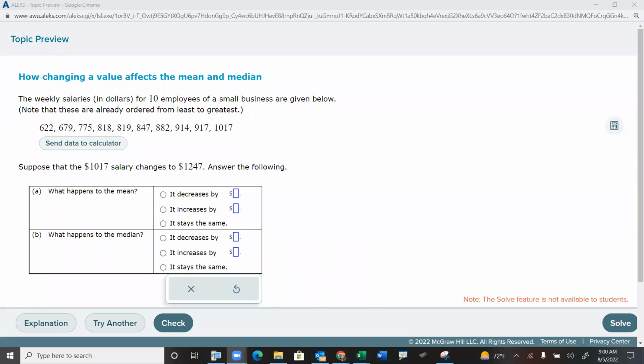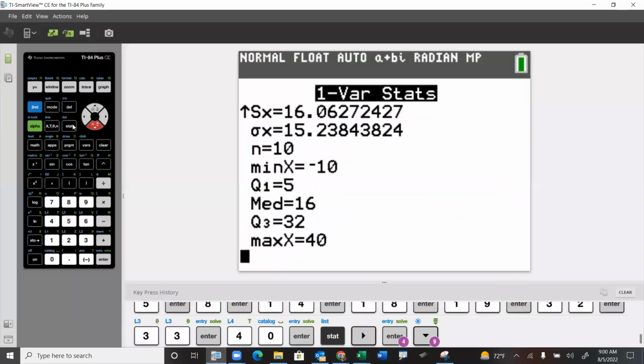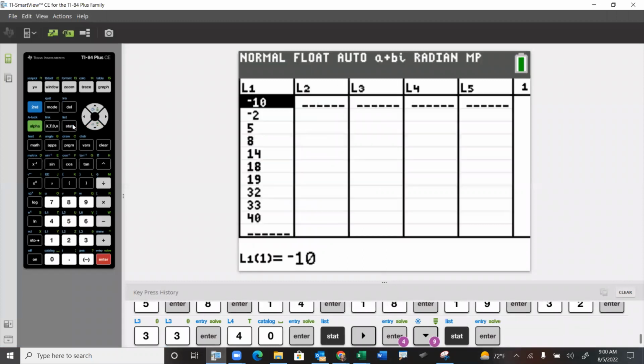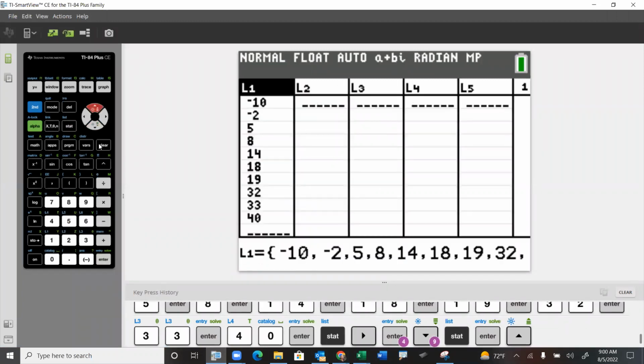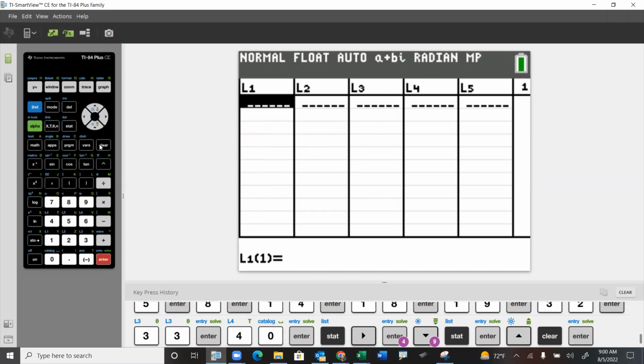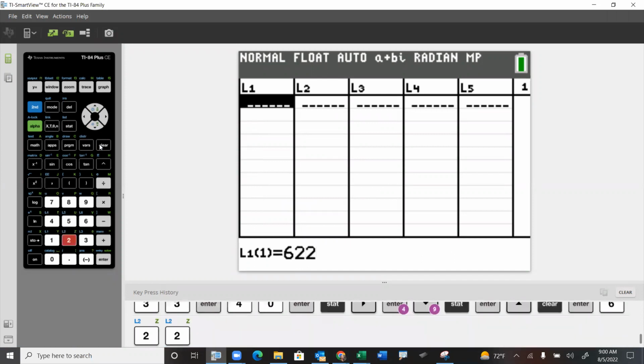All right, so I am just going to let the calculator do the heavy lifting. I'm going to go stat enter, arrow up, and hit clear enter. And then I'm going to type in all the data. Now I want to compare the old set of data with the new set of data. So first I have to type in the original data.